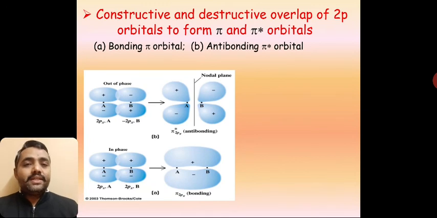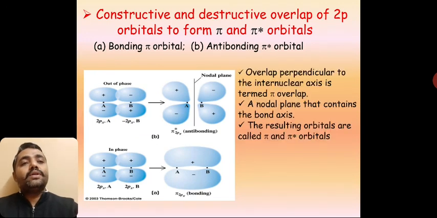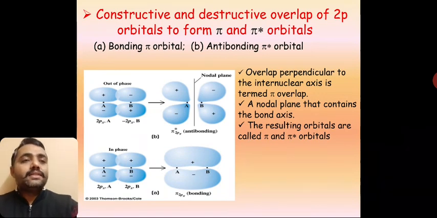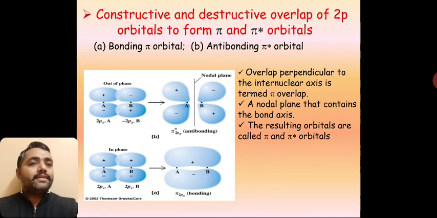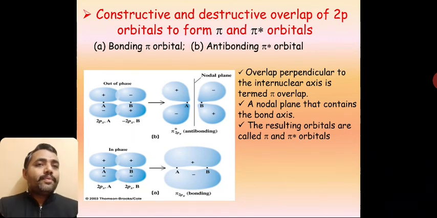You can discuss the s orbital, then the p orbitals, and both combine to form the molecular orbital energy level diagram. We can discuss that in a later slide. Next slide: overlap perpendicular to the internuclear axis is termed pi overlap.